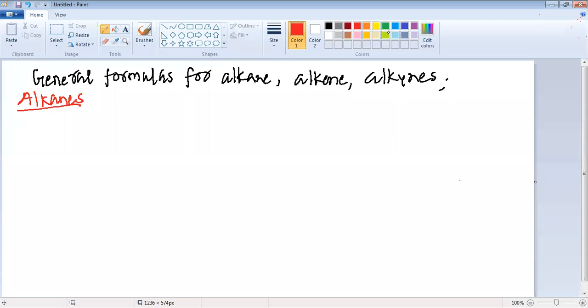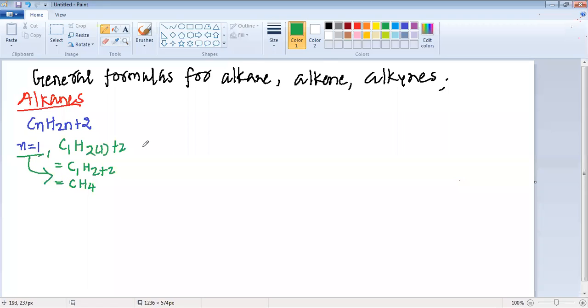For alkanes, the general formula is CnH2n plus 2. Now let's take n is equal to 1. So my dear students, when we take n is equal to 1, we will have C1H2 into 1 plus 2. That is C1H2 into 1, that is 2 plus 2. That is CH2 plus 2, 4. So the first member is your methane.